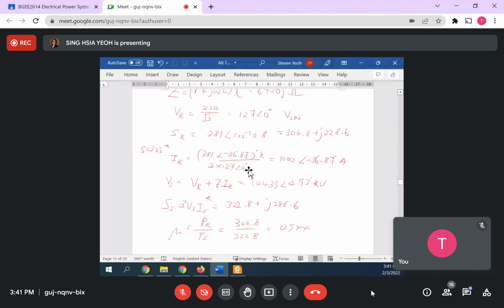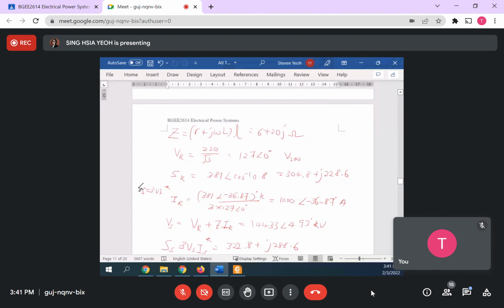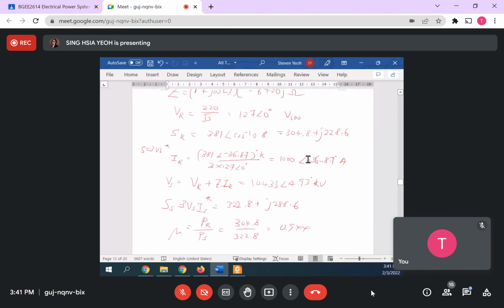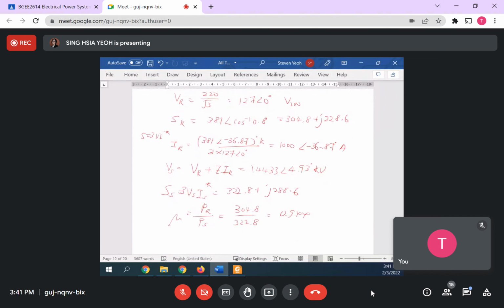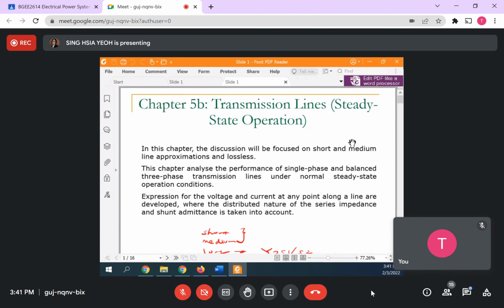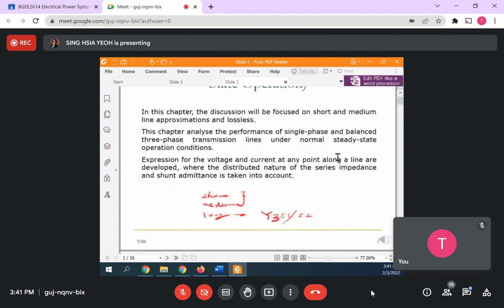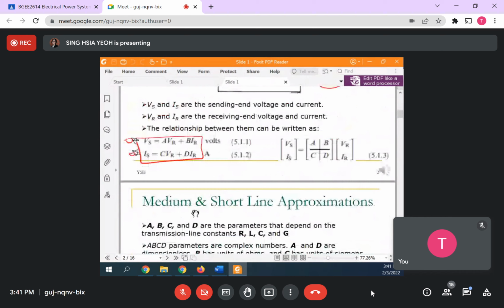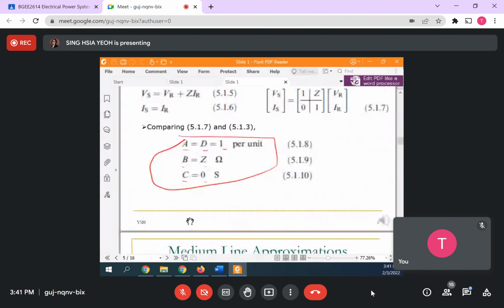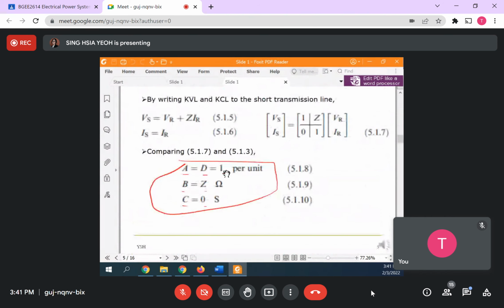Any question? You find Z because of ABCD. If you refer back to the notes, for a short line, A equals D equals 1, B equals Z, C equals 0.